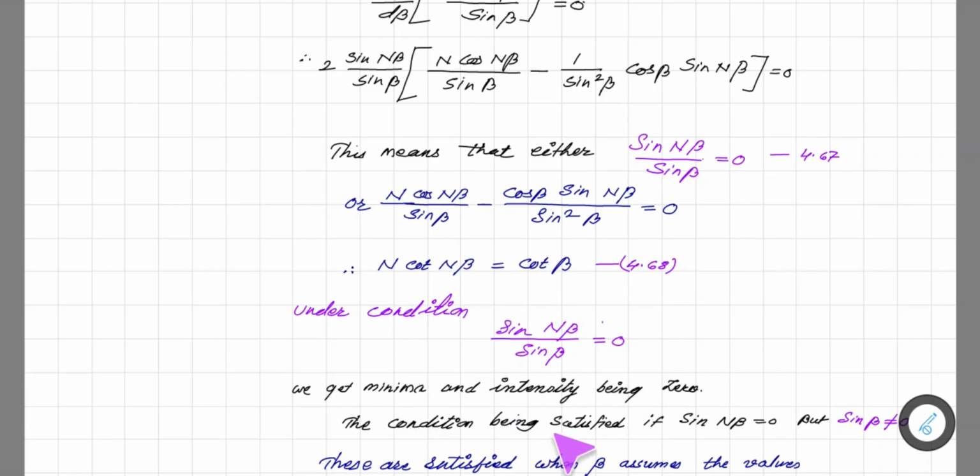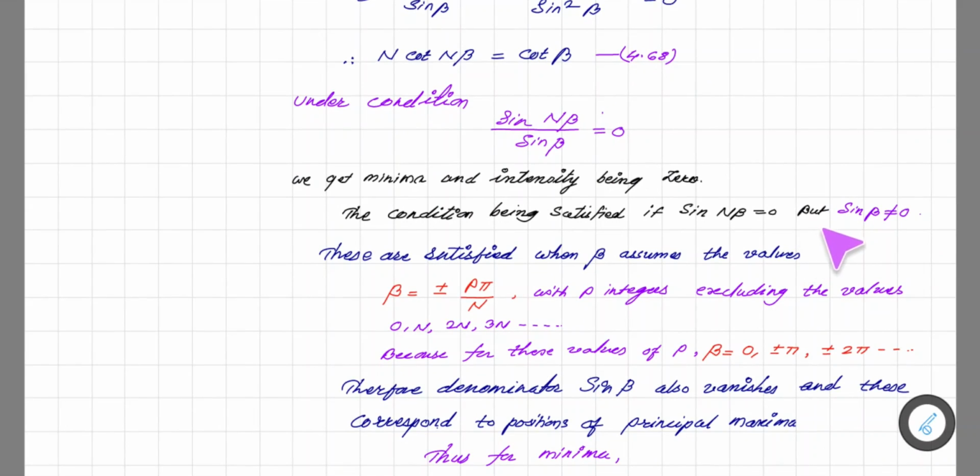Now the condition is satisfied if sine of n beta is equal to 0, but the most important thing is that sine of beta must not be equal to 0. Because we already saw that when sine beta is equal to 0, we get a principal maxima, and now we are talking about the minima. So these are satisfied when beta assumes certain values.